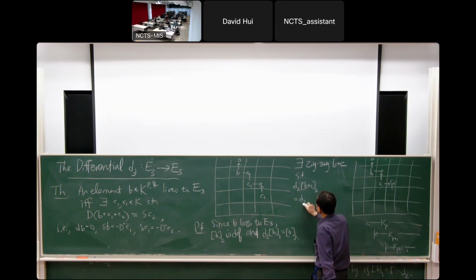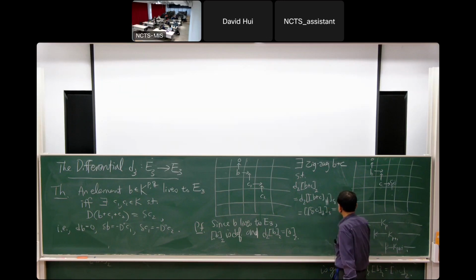Okay, and then this is what? This is B plus C D delta, right? And okay, so D2 is just delta C. So delta C of D delta equals 0.